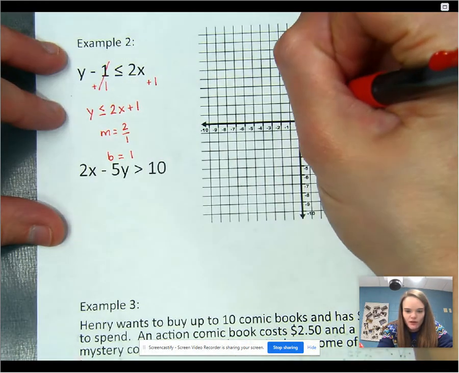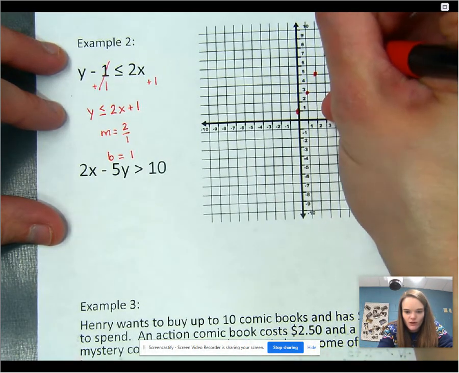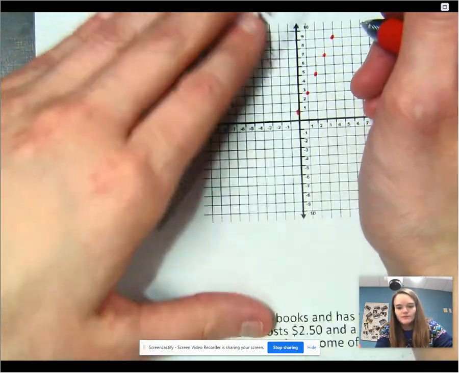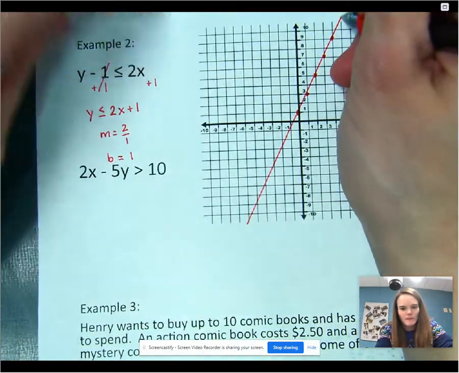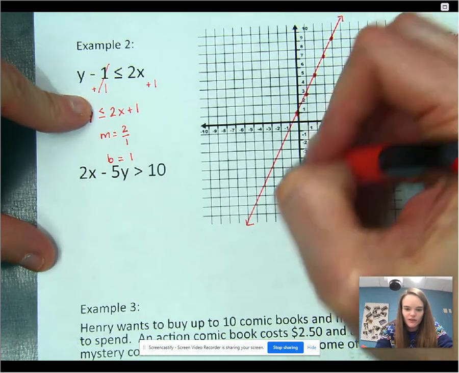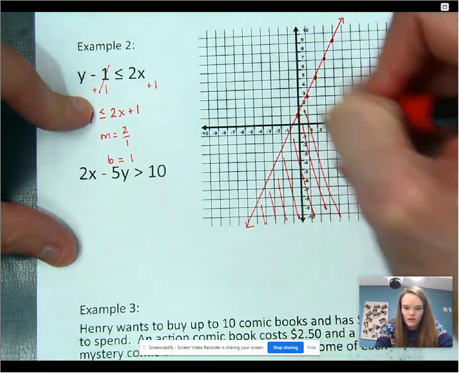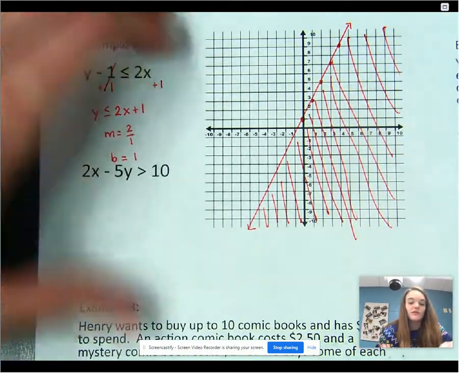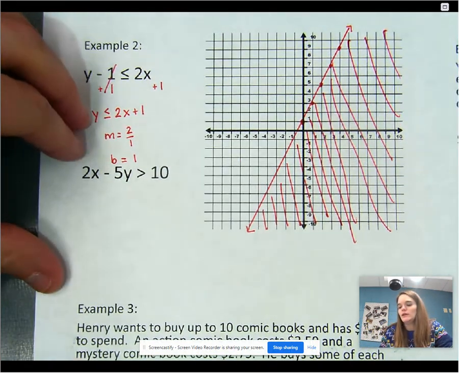So go to 1 and go up 2 over 1. It is or equal to, so draw a straight line. It is less than, so it is everything below. Get tired of shading after a while. You probably already have.